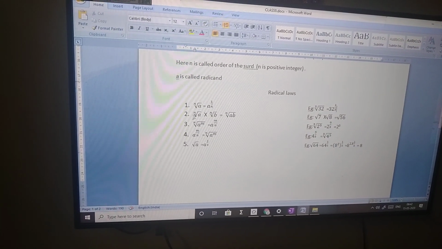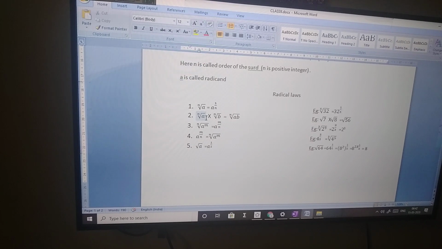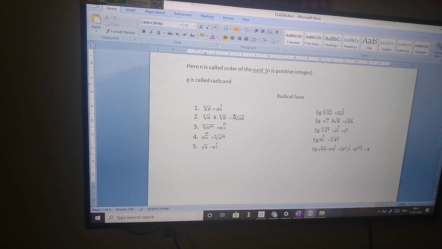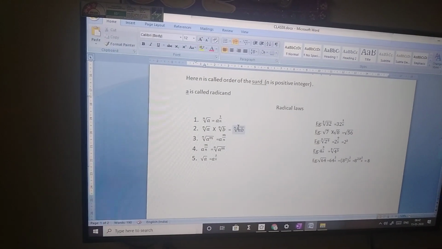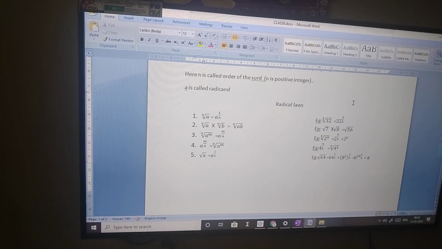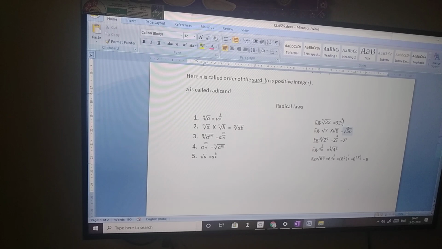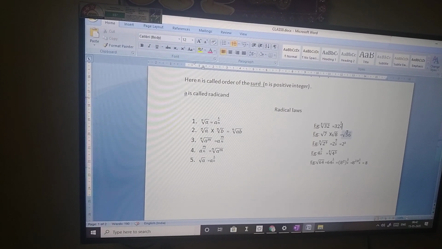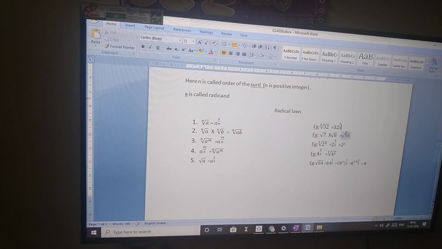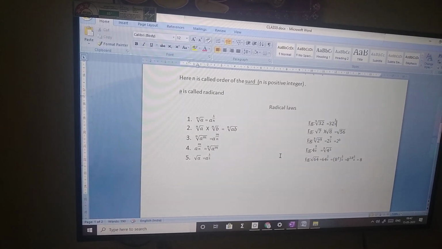Second radical law is nth root of a into nth root of b equals nth root of ab. Example, root 7 into root 8 equals root 7 into 8, that equals root 56.